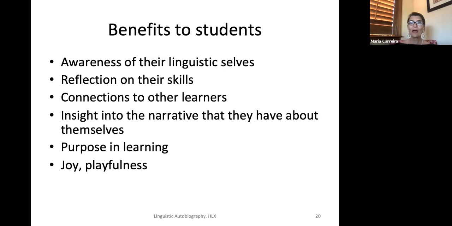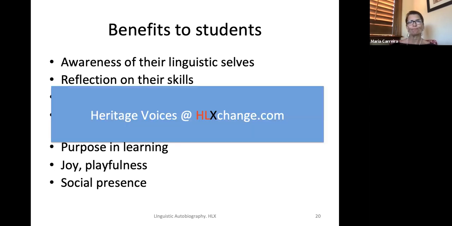You could ask prompts that engage them in playing with language. I know Alejandro Lee likes to ask his students about their favorite word in Spanish. You can have a lot of fun with this, right? And it also allows students to have a social presence in the classroom, a personality in the classroom, to be seen as individuals.